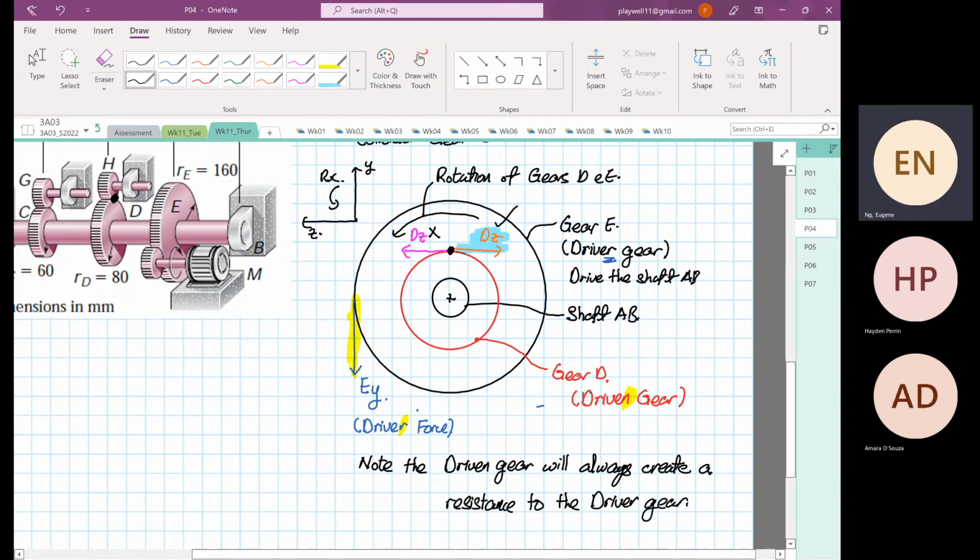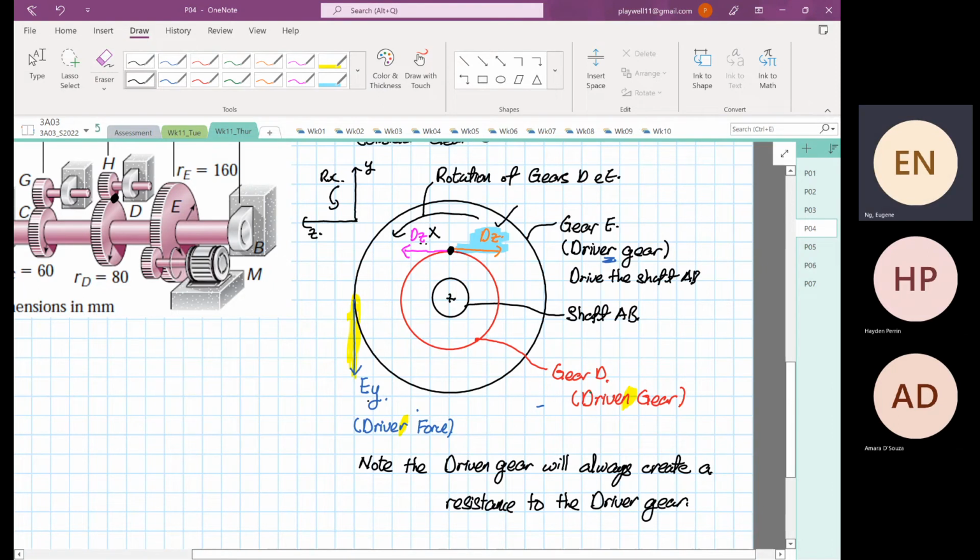Okay. It will always create a resistance. Always. Right. So in that context, if it's DX, it's not creating the resistance, right? It's following what? If you look at the torque generated by DX, it's following what? EY, right? So it has to oppose. So DZ is the valid answer.